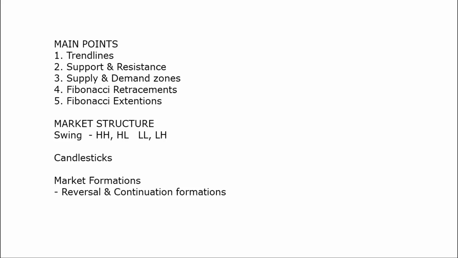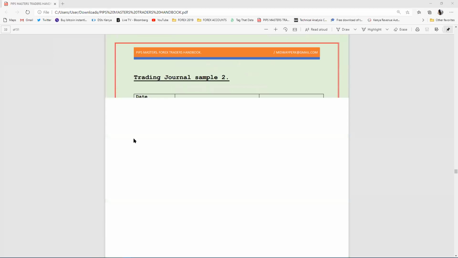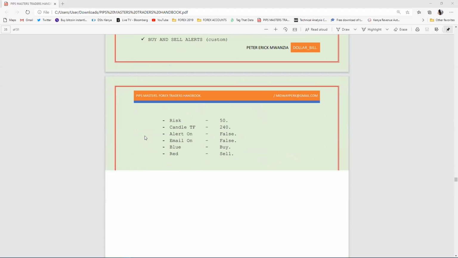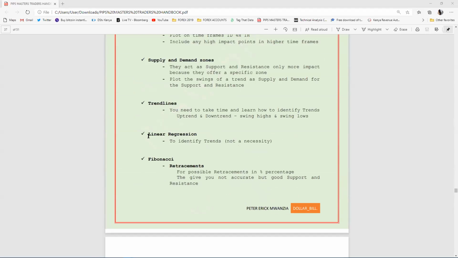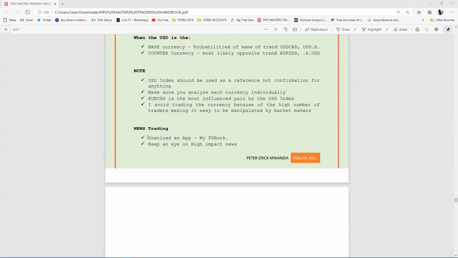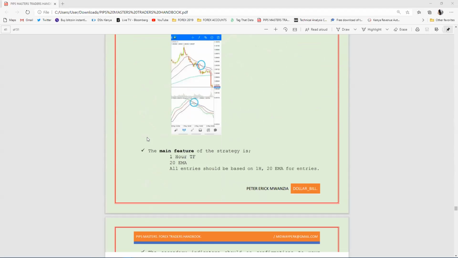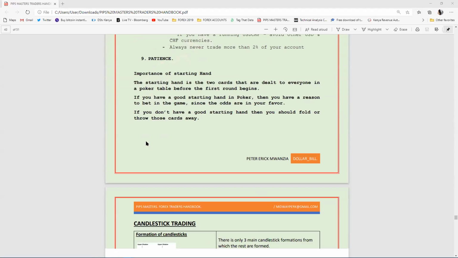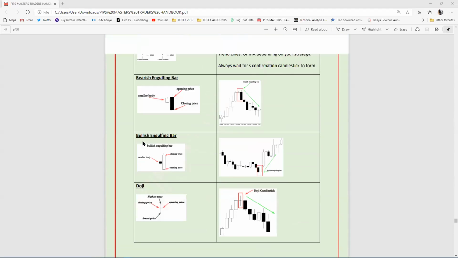Okay. So when you go to the trader's handbook, down there you're going to find the candlesticks and images of the formations. Yeah, here we go.